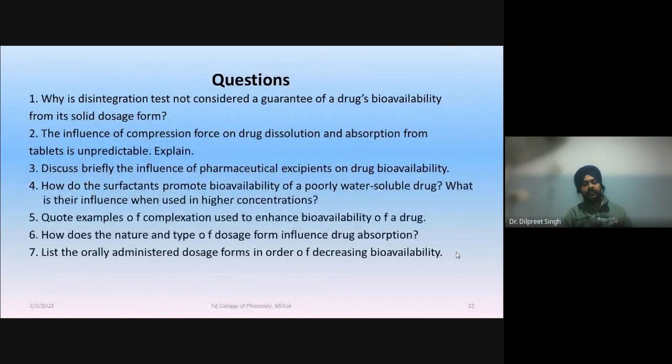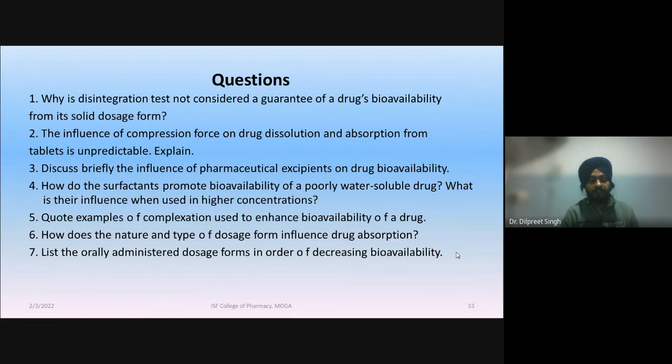The questions that come from this topic are: What is the influence of pharmaceutical excipients on drug bioavailability? Give some examples of complexation used to enhance the bioavailability of a drug. Why is disintegration time not considered a guarantee of drug bioavailability? What is the influence of compression force on drug dissolution and absorption from the tablet, which is unpredictable? This is a tricky question.